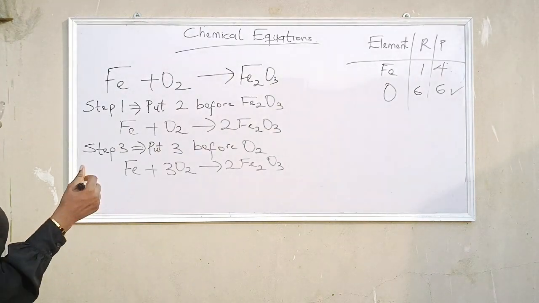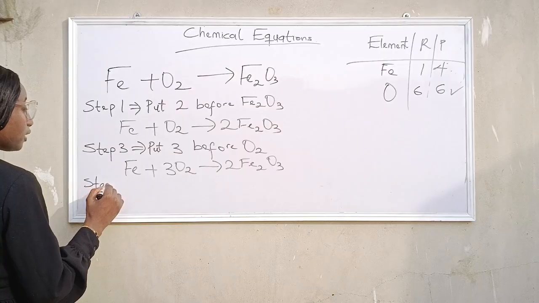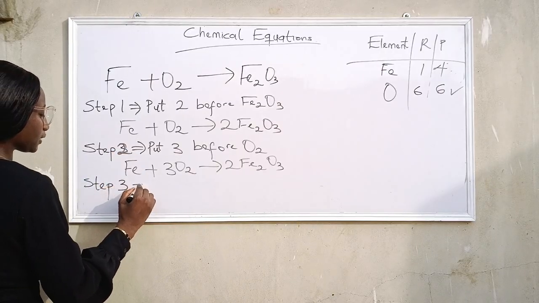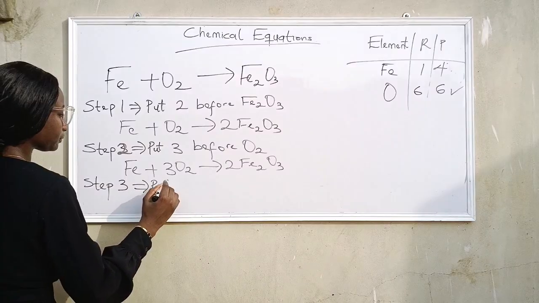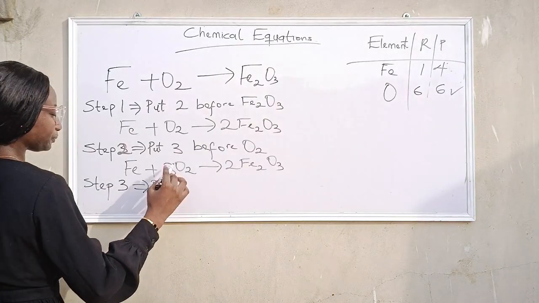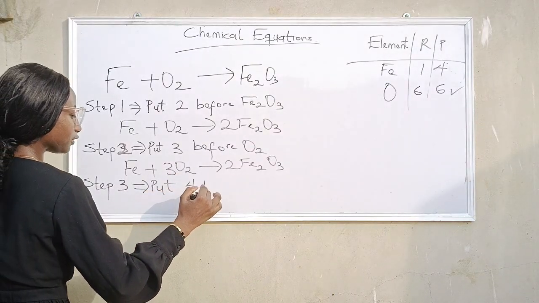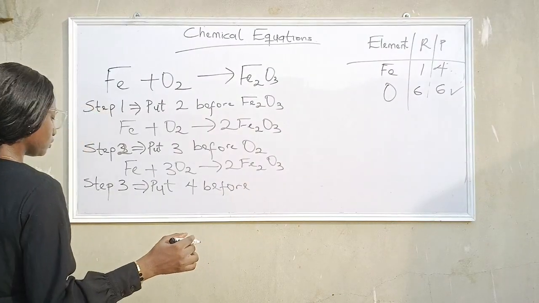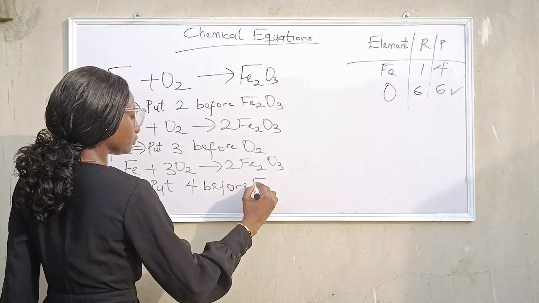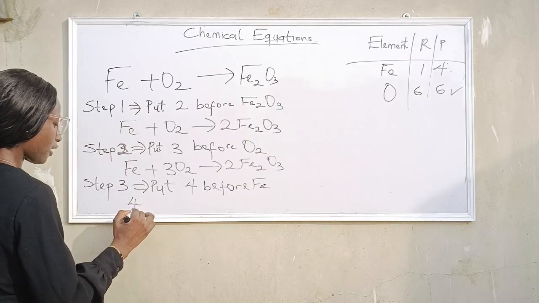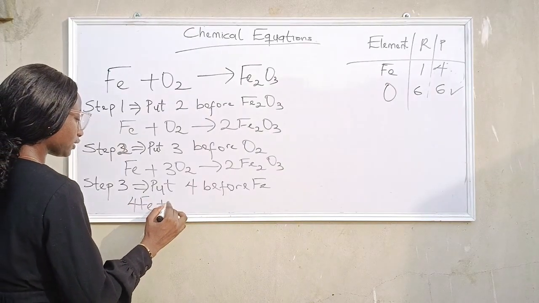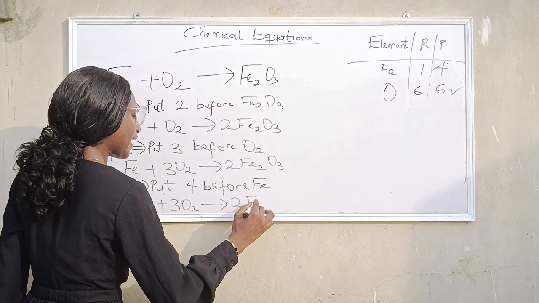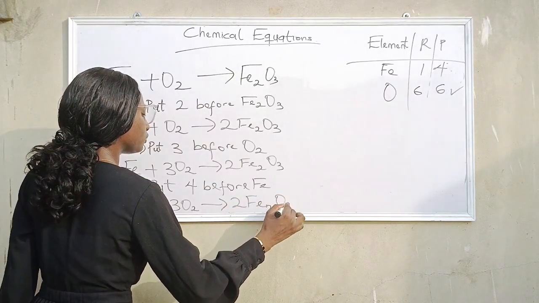So step 4, oh, sorry, step 3 is going to be put 4 before Fe. So we have 4 Fe plus 3O2 give you 2 Fe2O3.